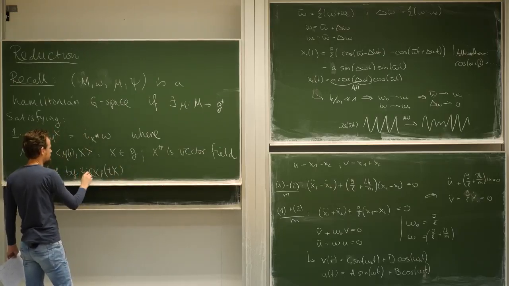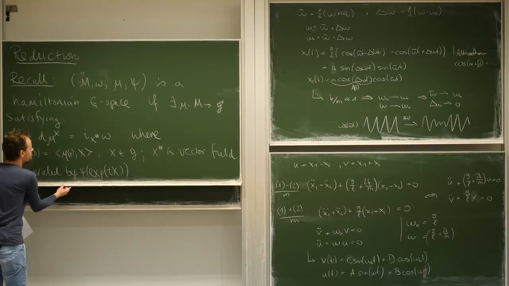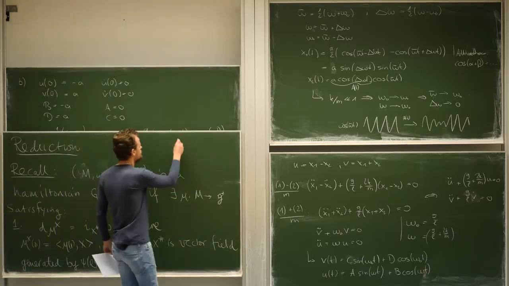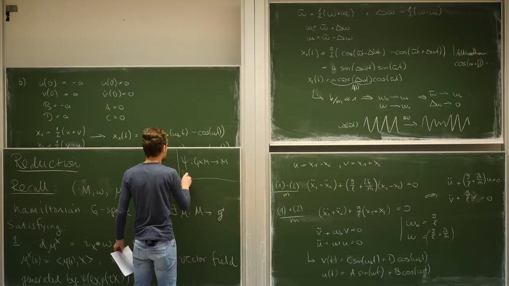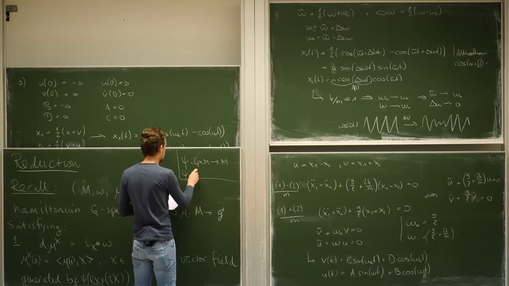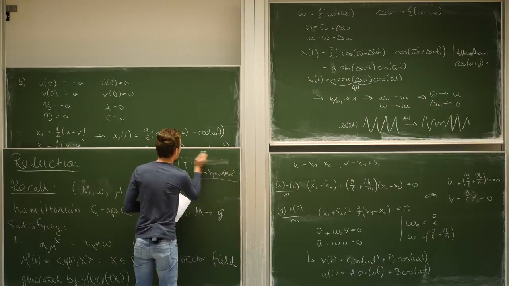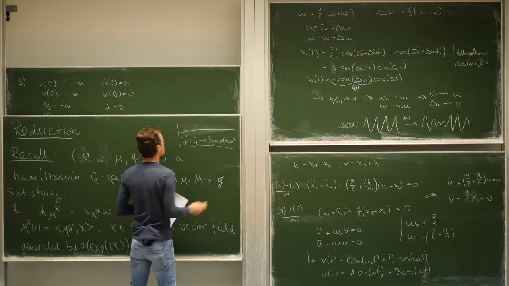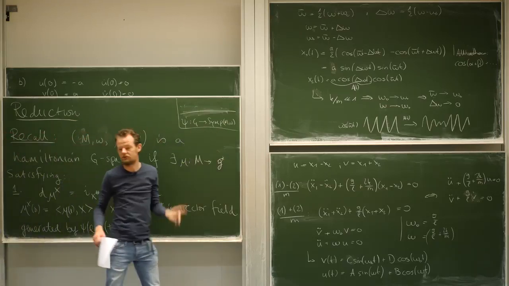So there's this psi here. Psi is this map from G cross M to M. Psi maps from the Lie group to some symplectomorphism of this symplectic manifold.